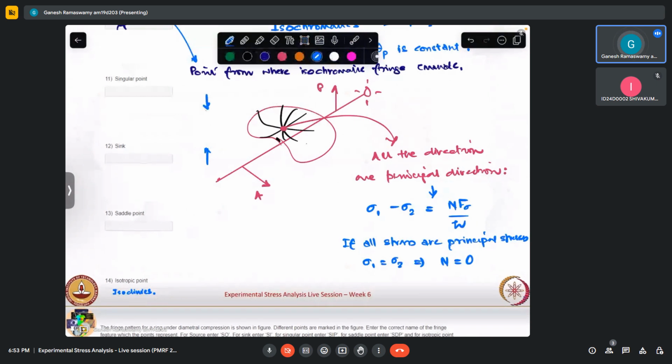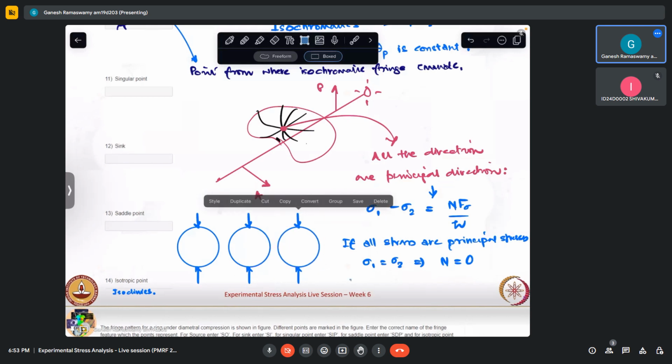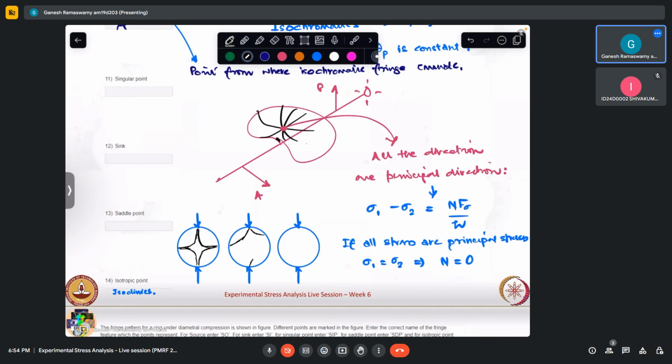In fact, let me draw this for 1 or 2 cases. So for 0 degrees the isoclinics will be like that, symmetrically of course. For 30 degrees it will be like that, and for 45 it will be more like this.